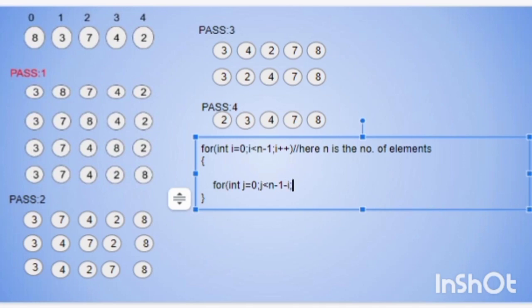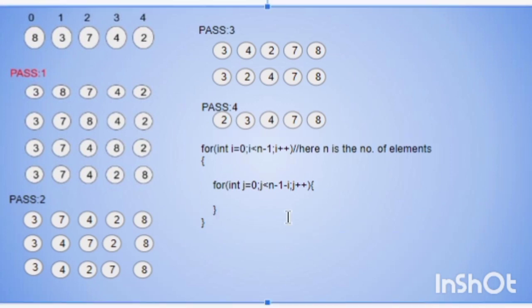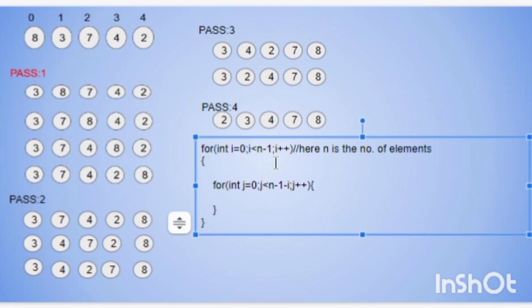So we will understand why I have written n minus 1 minus i over here, because in each pass the number of comparisons decreases, because at the end of each pass the right side element will be sorted, so we don't need to compare them.